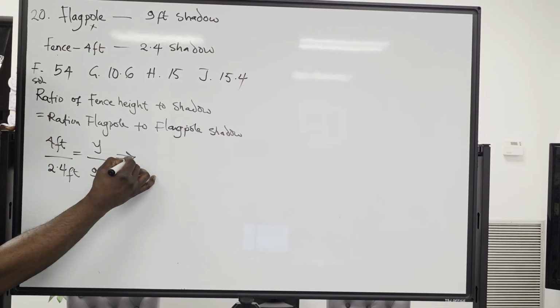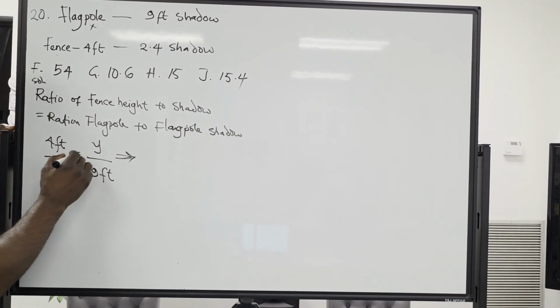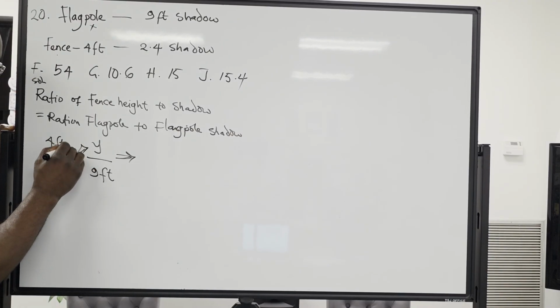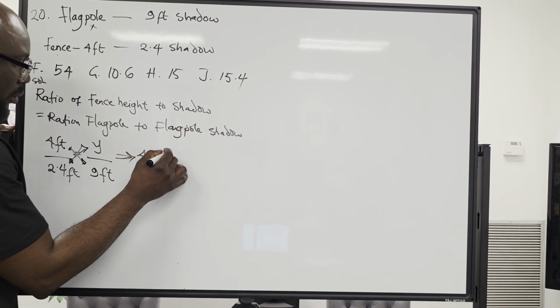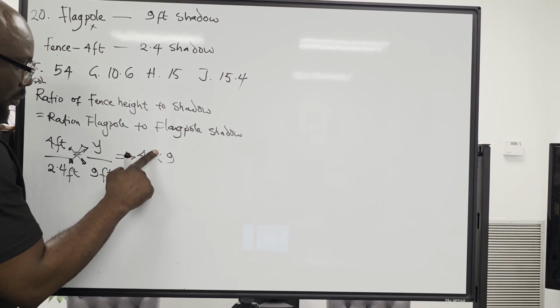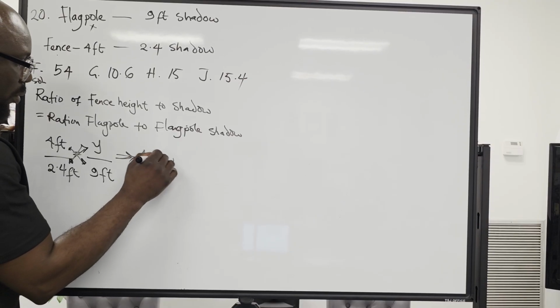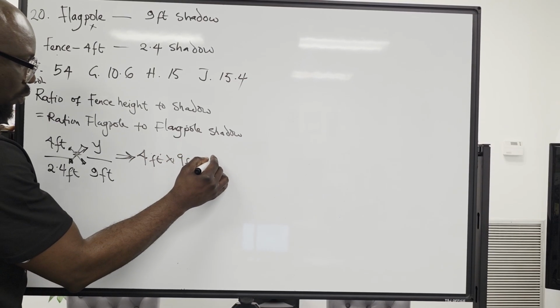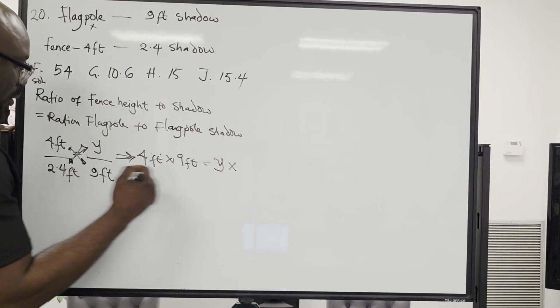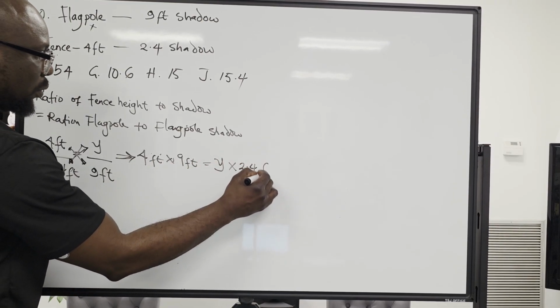To solve for Y, do a cross multiplication. So you have 4 times 9, 4 feet times 9 feet, equal to Y times 2.4.